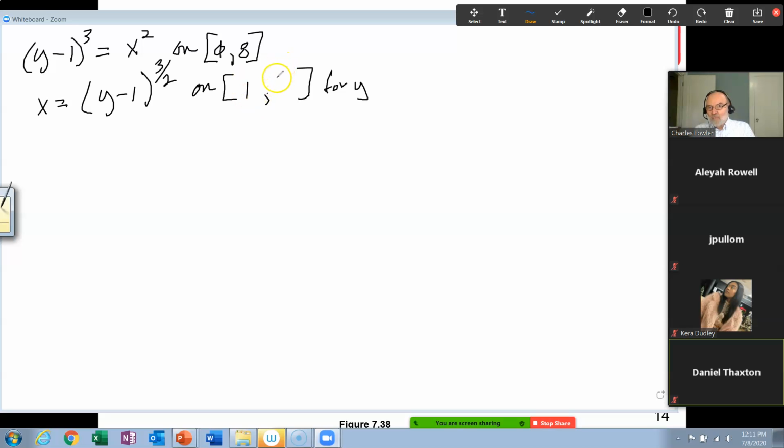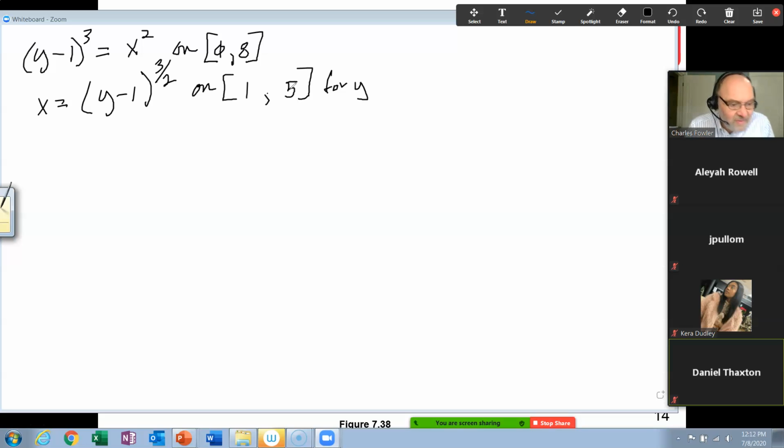Y going from 1 to, and when x is equal to 8, x squared would be 64. The cube root of 64 is 4, because 4 cubed is 64. So what's inside there has to be 4, so y must be 5. So y is going from 1 to 5.